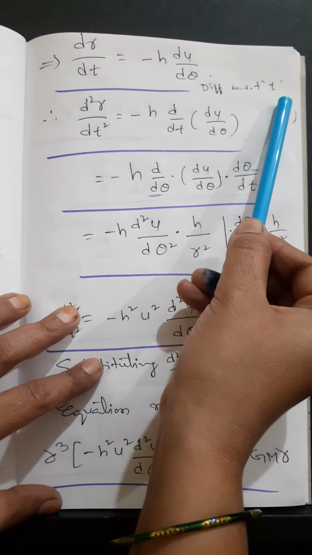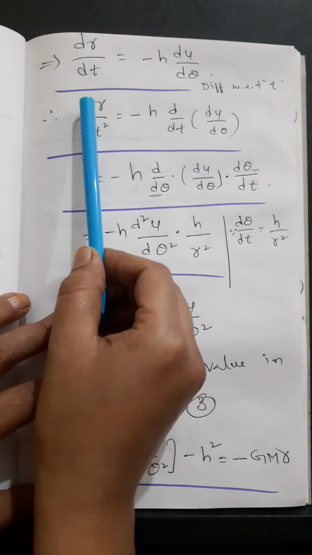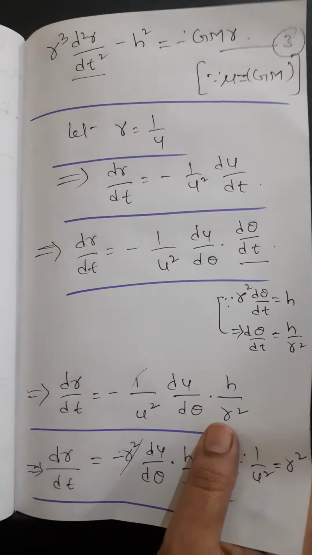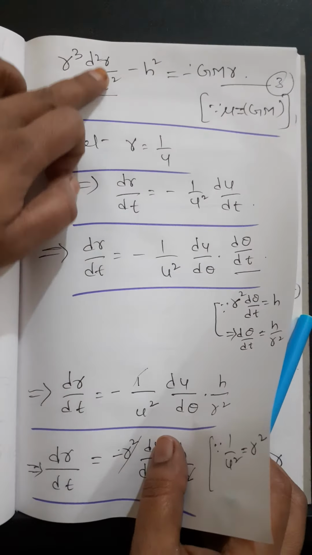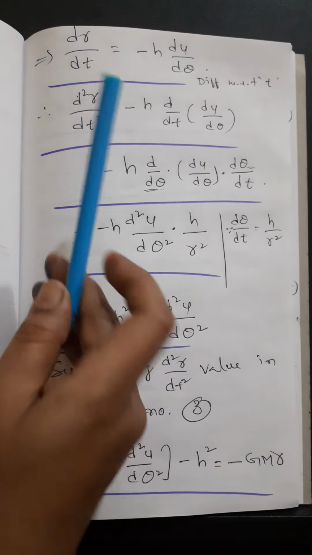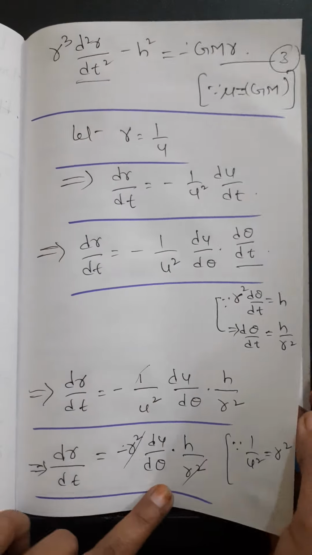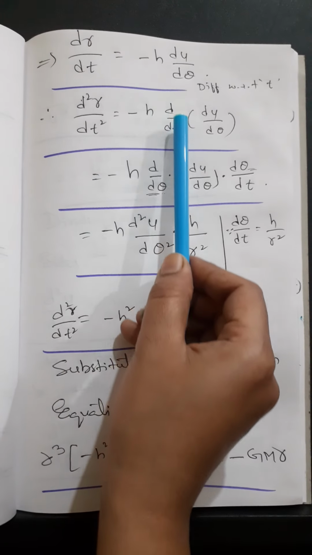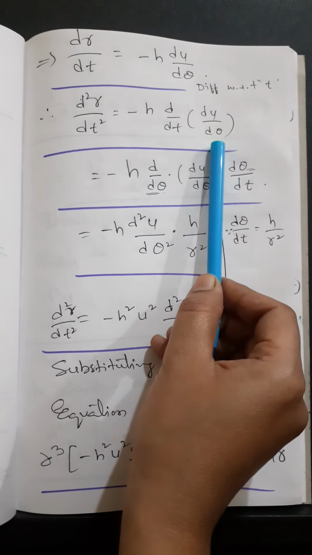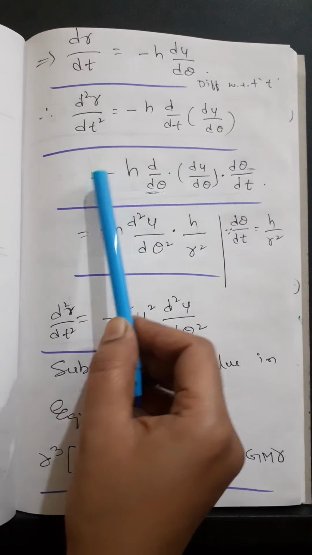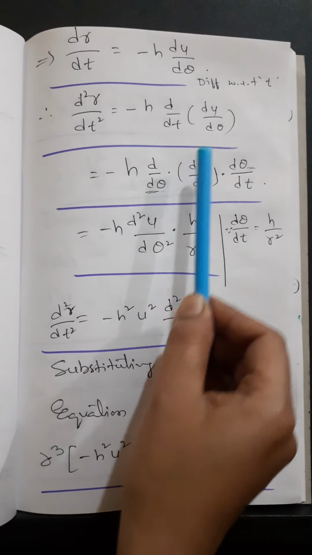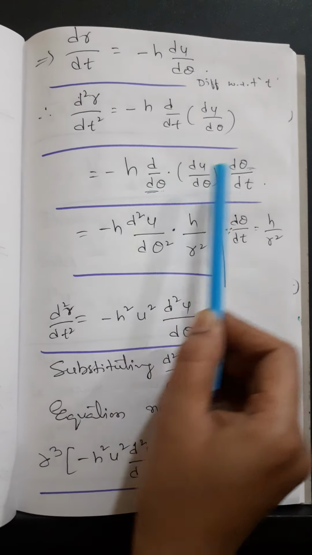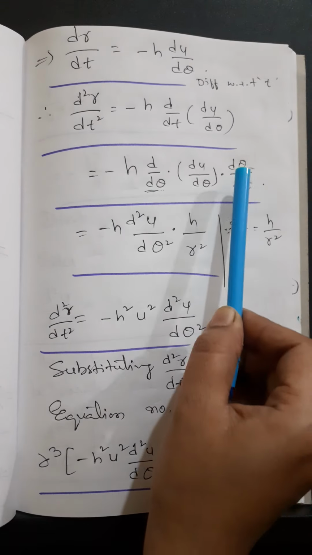Next, differentiating with respect to t. Then you differentiate this equation to get d square r by dt square. Here we need the value of d square r by dt square, and for that value we are doing all those calculations. So d square r by dt square is equal to minus h d by dt of du by d theta. So this whole term can be written as d by d theta, here with d theta by dt.